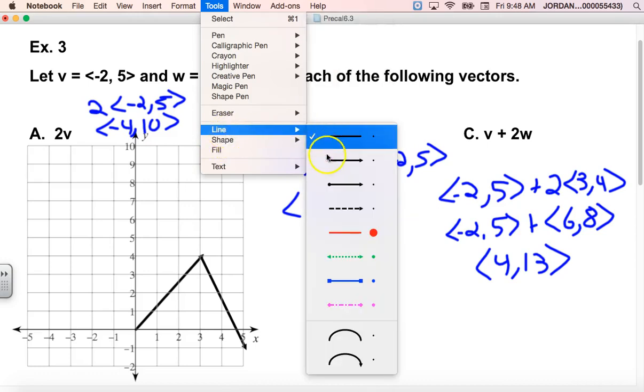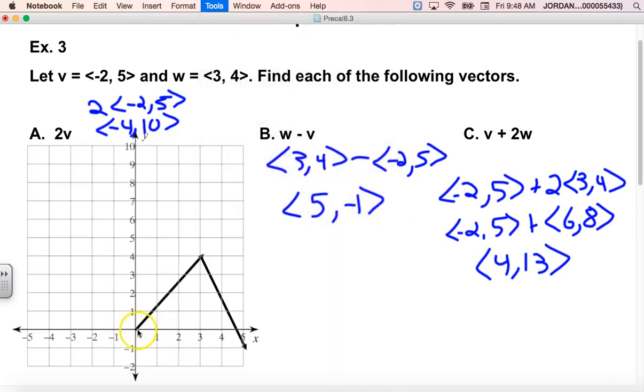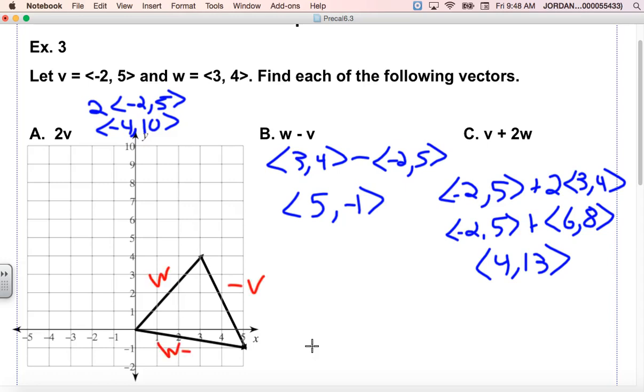So you can see right here, if we connect these two, that is w minus v. So you've got w right here, right here you've got minus v, and then down here is w minus v.